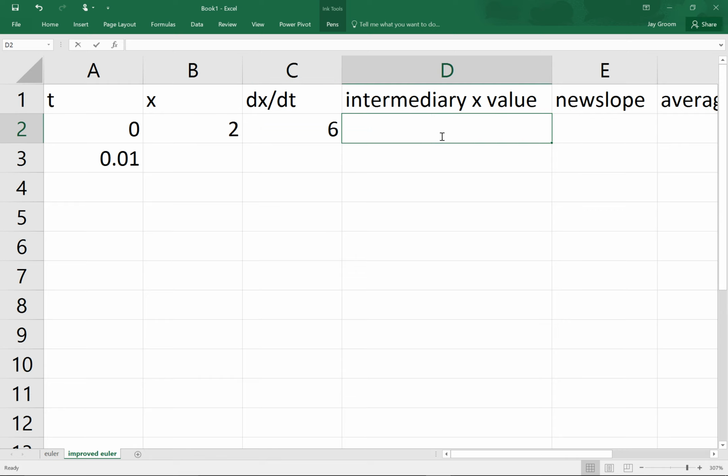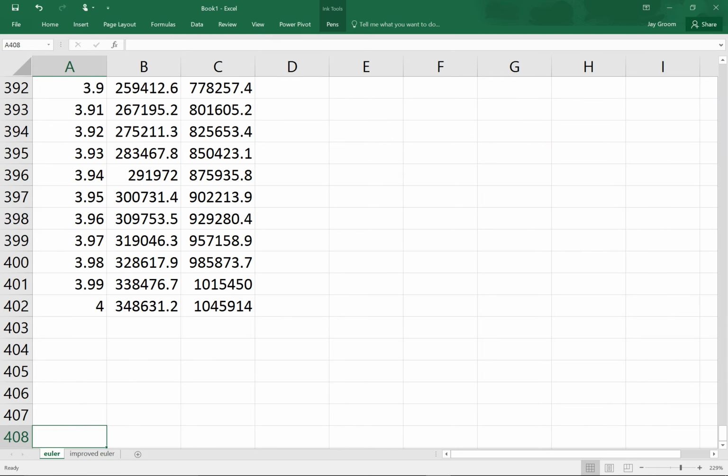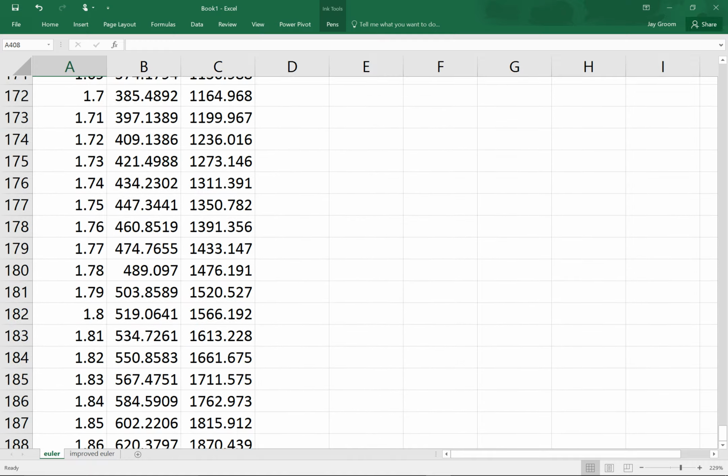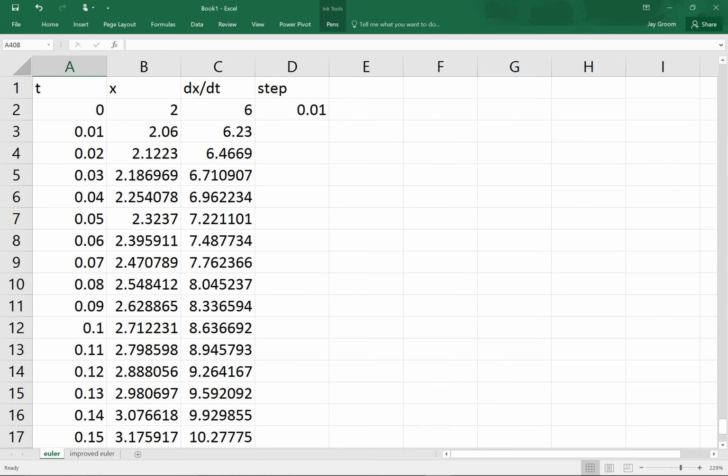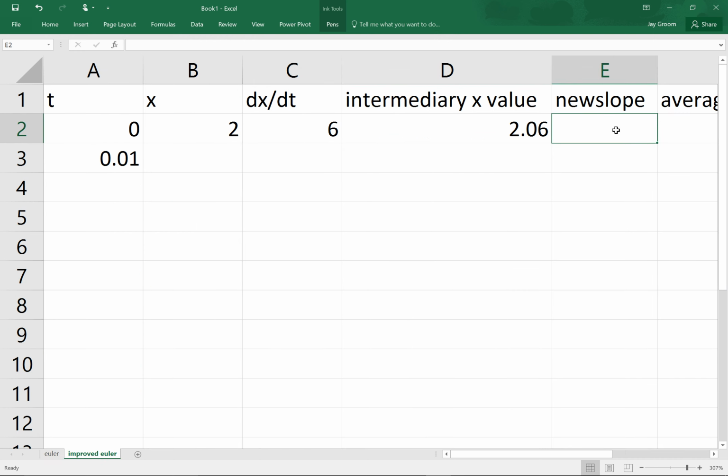It's going to equal the previous amount plus the slope times the step. And so what I've got here is that intermediate x value, which you'll notice is the same as what we had right there. That didn't change. But what's going to change is what I do with it.